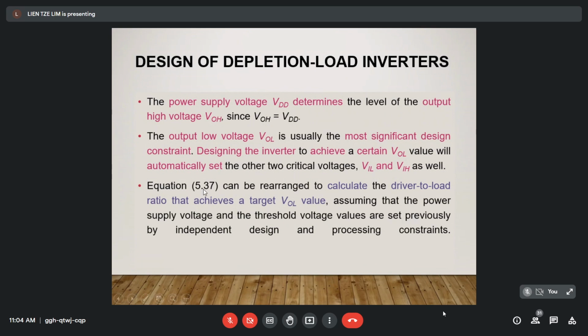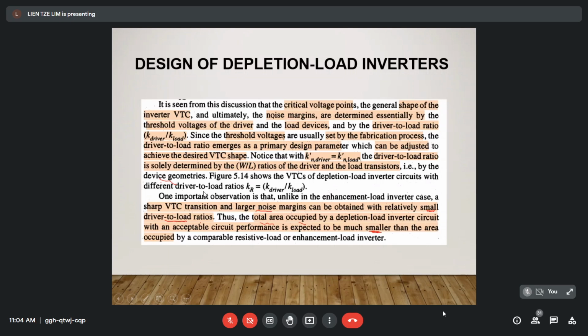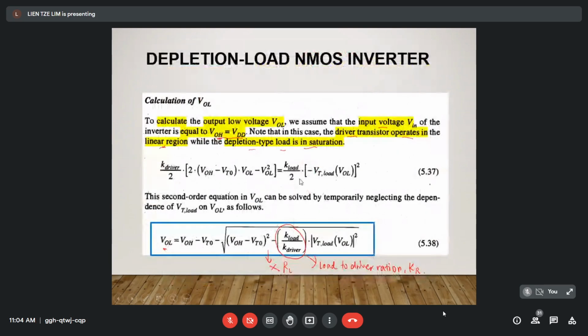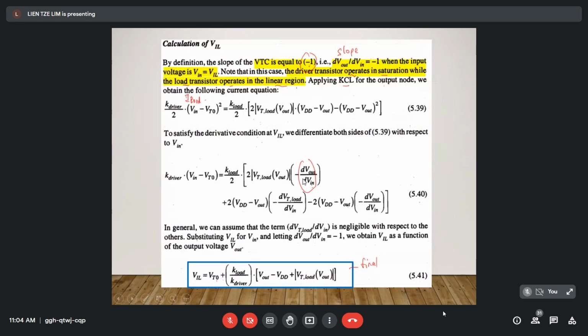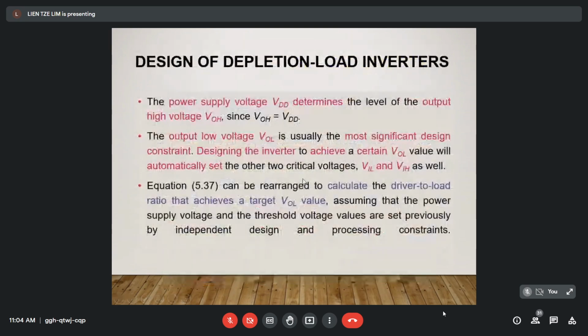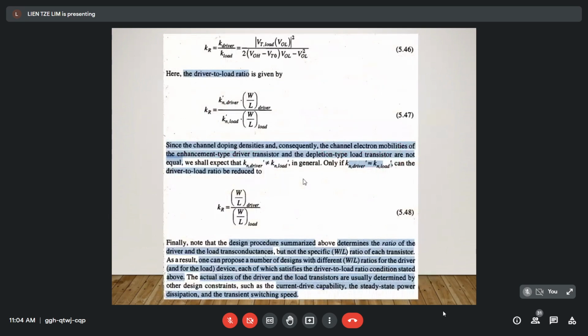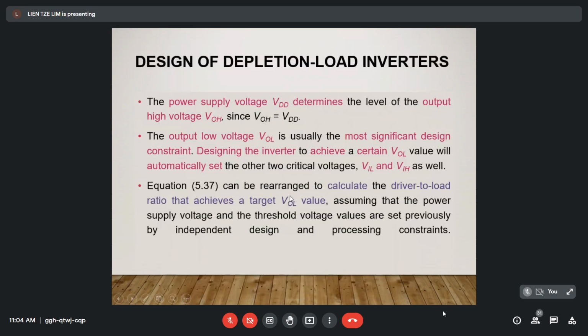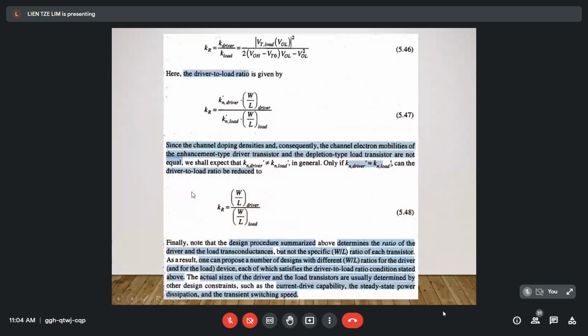Equation 5.37 refers to this formula. With the formula just now, this is the formula from equation 5.37, and this equation can be rearranged to get the KR.